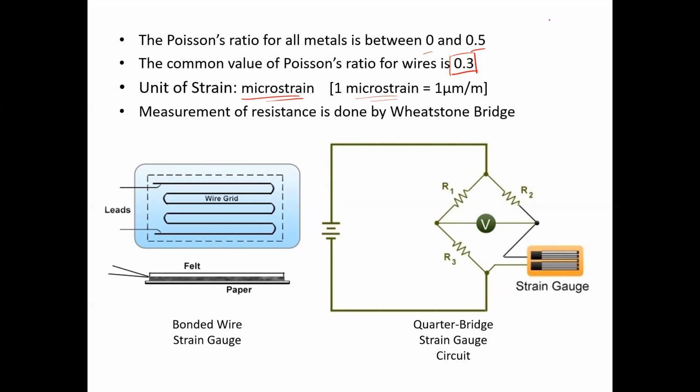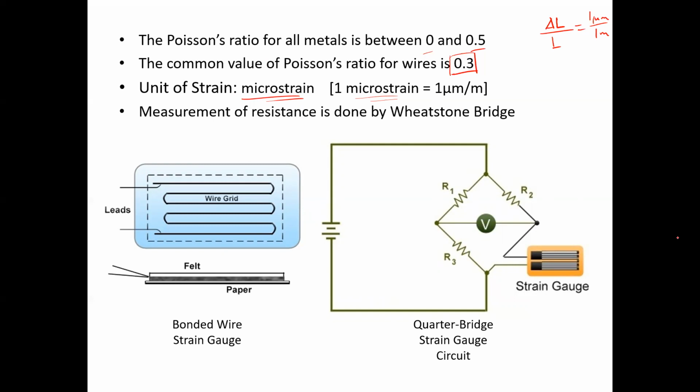Like we defined the strain to be delta L by L in the longitudinal direction, for 1 meter length of a wire, the change in the length is 1 micrometer. So the unit of the strain is indicated in terms of this sort of calculation.